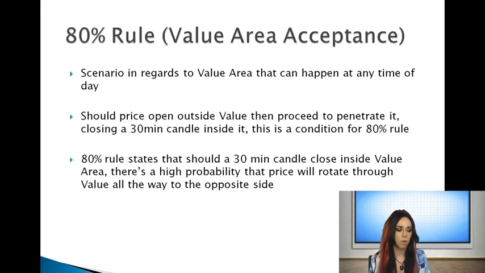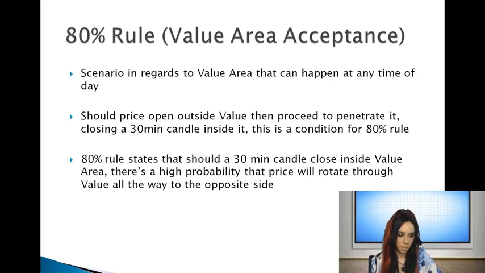So let's first go through what actually is the 80% rule. It's a sort of scenario that depends on price opening outside of value, but then proceeds to meander towards the value. Then it enters the value area and closes a 30-minute candle inside it.